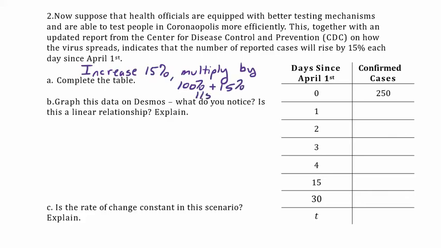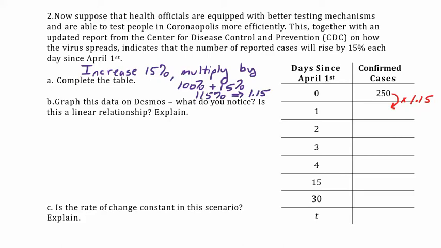So that's 115% of the original value, which means we're going to multiply by 1.15. All right, so the next day, we're going to take the 250 and we're going to multiply by 1.15. And that's going to represent an increase of 15% above and beyond the 250 cases we started with.